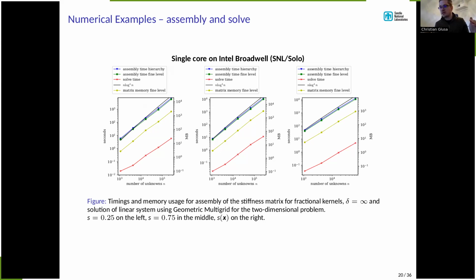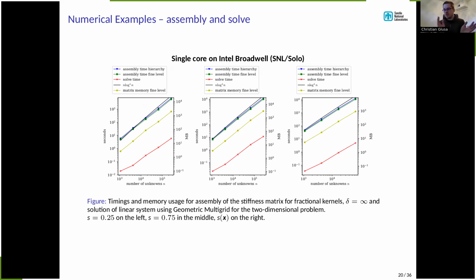Then the little axes show the solve time. And so we see that, contrary to the classical PDE world, the overall solve is a lot cheaper than assembly. I also show the memory usage for the operator on the finest level in these plots.